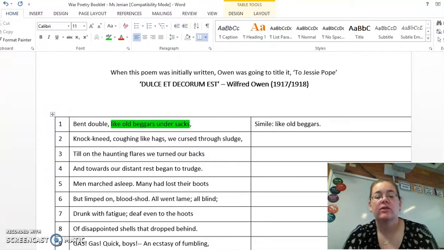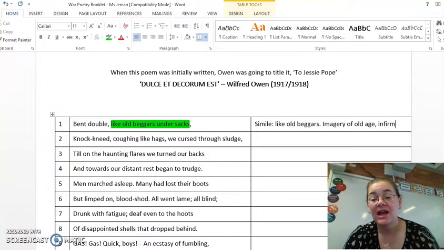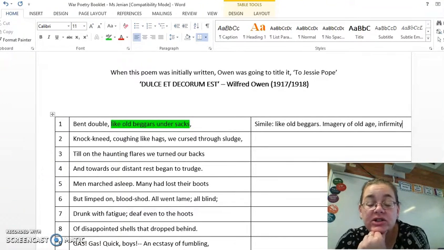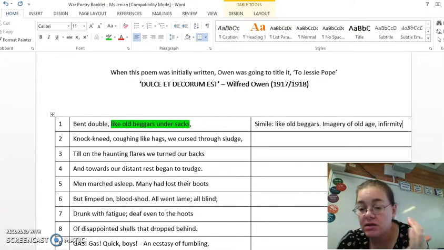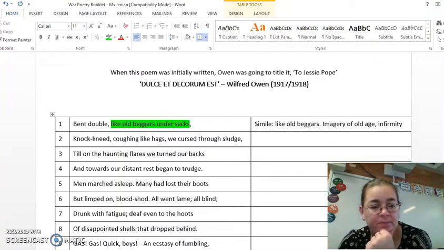We've got imagery of old age, infirmity, and yet he's actually talking about soldiers. These soldiers have been through such a lot that they are bent over as if they're old men, poor old men, carrying things probably to sell.